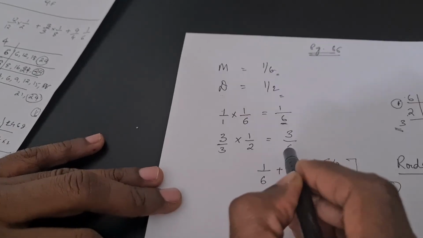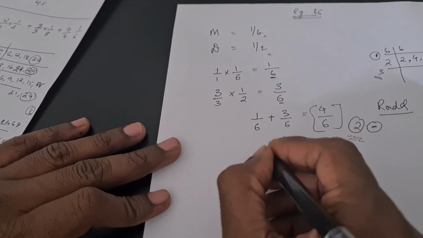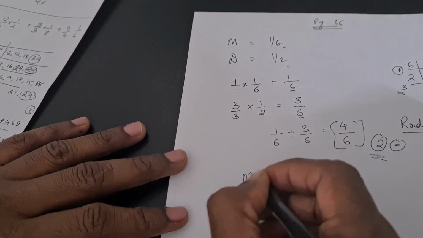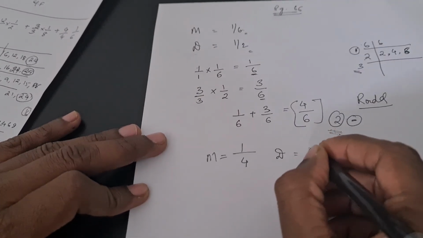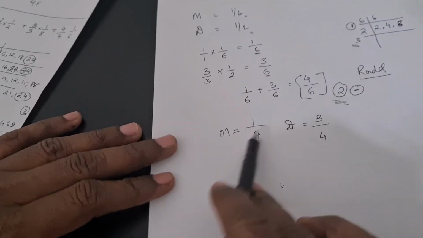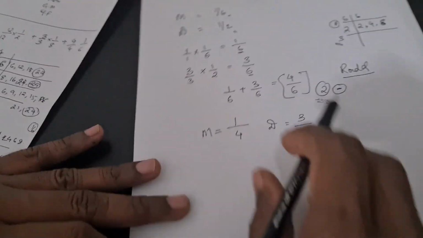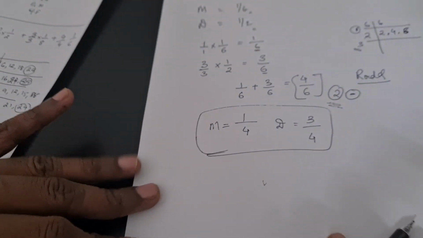Subtract this 2 and subtract this 2, you get 1 by 4 for mother, and for daughter you get 3 by 4. If you add up both, you get 4 by 4, that is 1, that is 100% of the property. So this is how we do Doctrine of Rad.